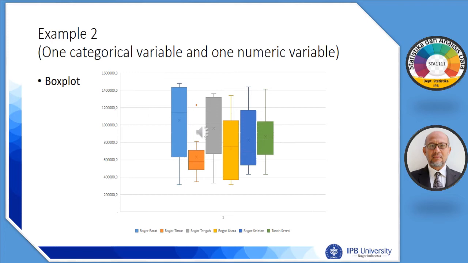So through this box plot description, you can explain that there are differences in expenditure between the households in these 6 sub-districts or 6 kecamatan in Bogor. Okay.